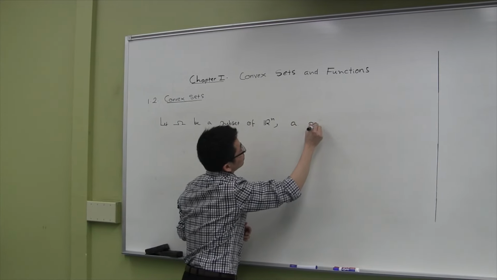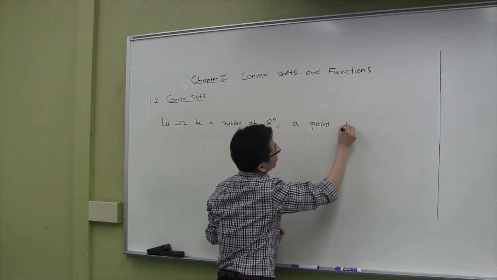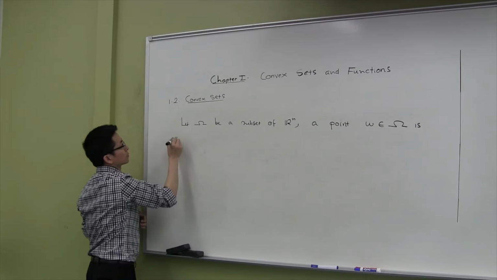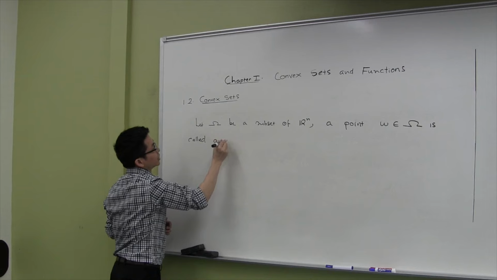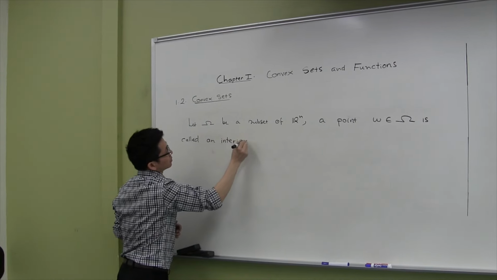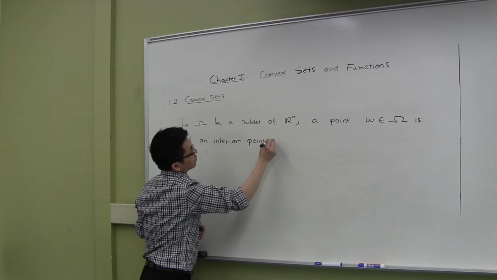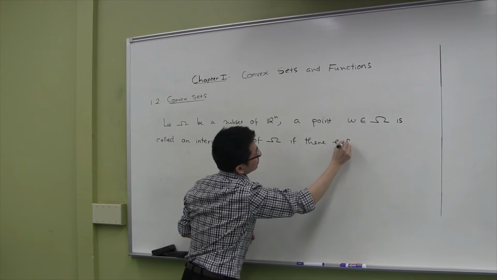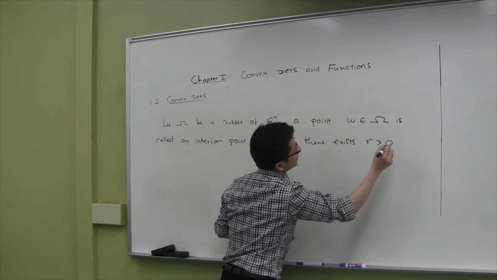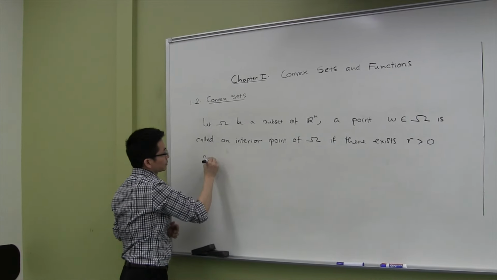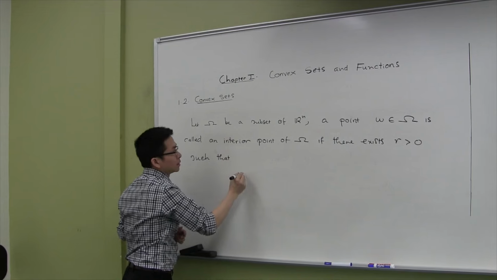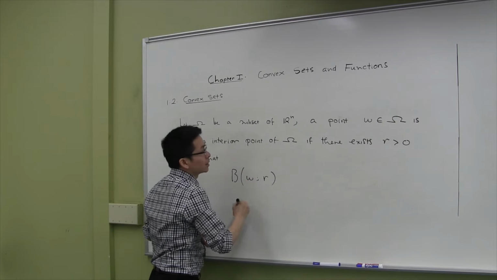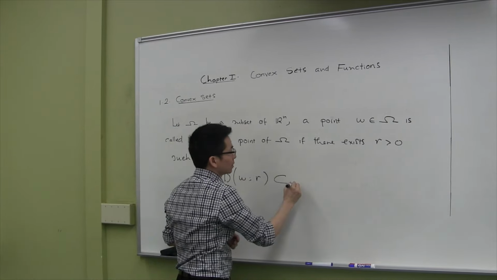A point omega in omega is called an interior point of omega if there exists r greater than 0 such that the ball with center at omega and radius r is a subset of omega.